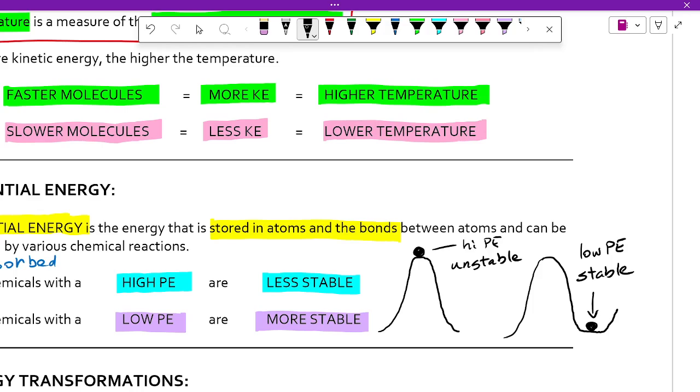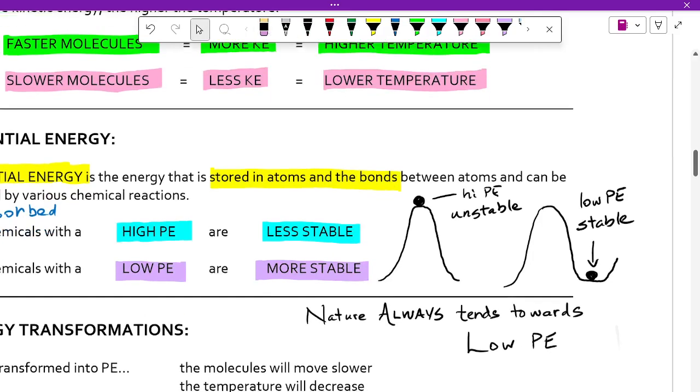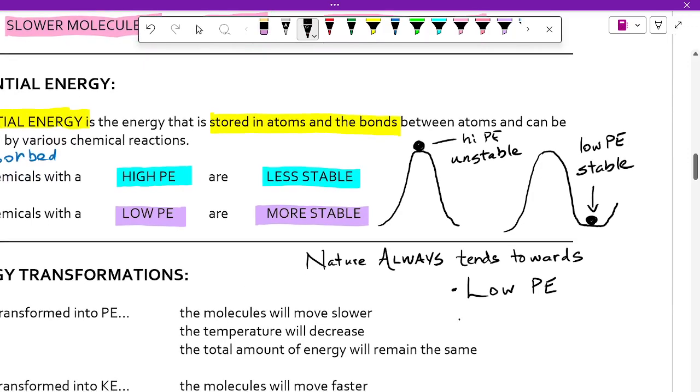That's how things naturally go. Low potential energy, high stability.